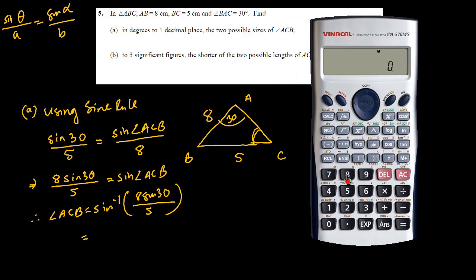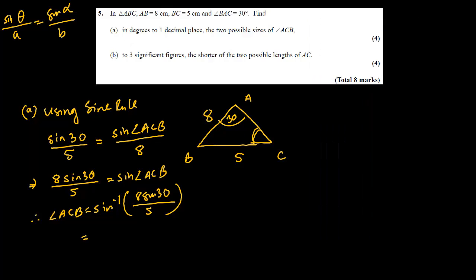We have 8 times sine 30, which is 4, divided by 5, which is 0.8. Now shift sine, which is sine inverse of 0.8, and that would be 53.1 to 1 decimal place.